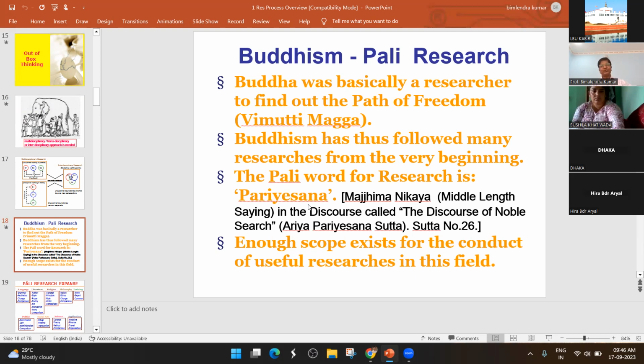Kachchana has composed the text Netti-pakarana, and in it there are 16 haras. Out of the 16 haras, there is the Desana hara, on how to understand the teachings of the Buddha. There are 16 methods through which the teachings of the Buddha can be understood.